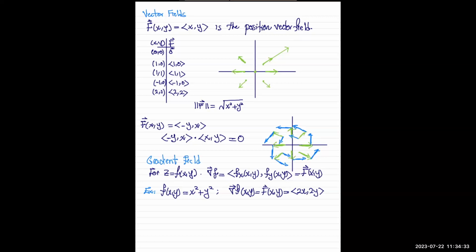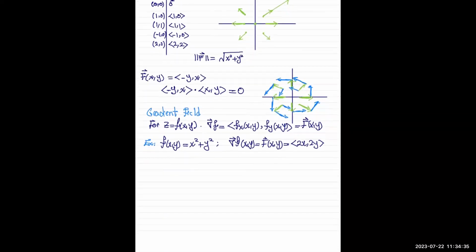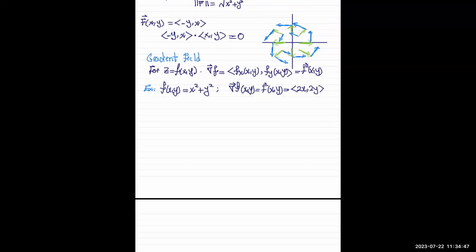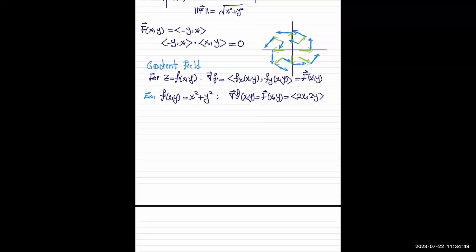Now why does that happen? How does this gradient field relate to the paraboloid? So remember the level curves of this function, the paraboloid.